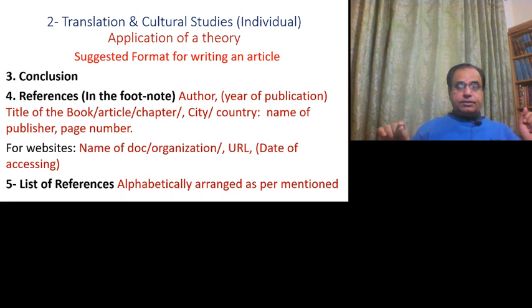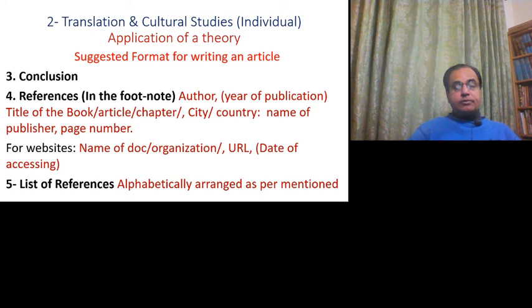In the footnote, this is how you give references. For websites, the name of the document, article, or book, anything, or organization, and then comma and URL address, and then the date of accessing. When did you access this book or that article or that source, and you quote the date.